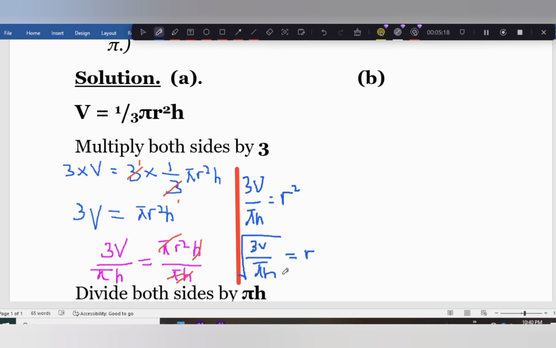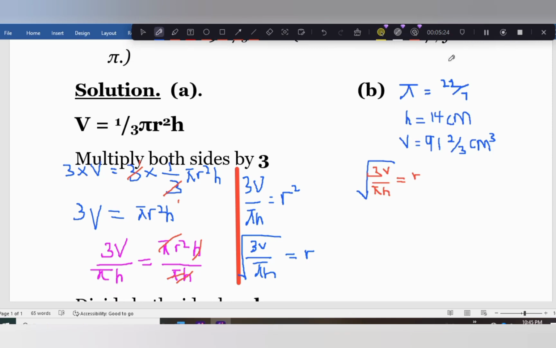So now we can take question B, which is shown above. The B part question tells us that pi is 22/7, the height h is 14 centimeters, and the volume itself equals 91 2/3 centimeters cubed.